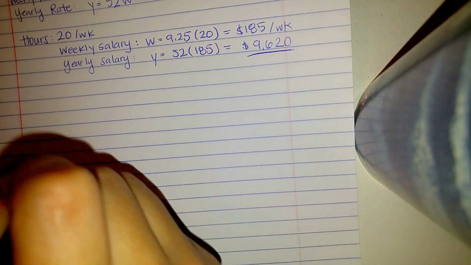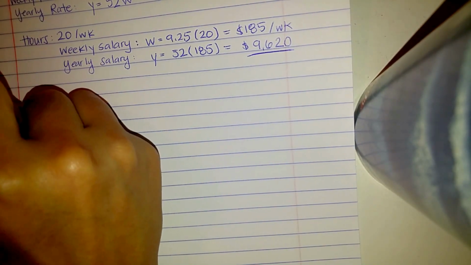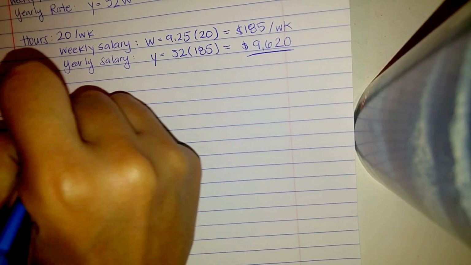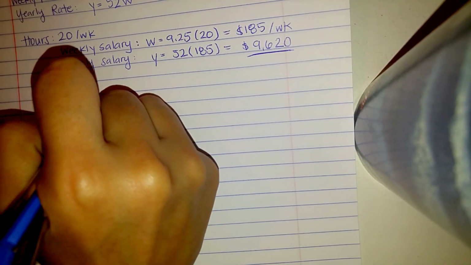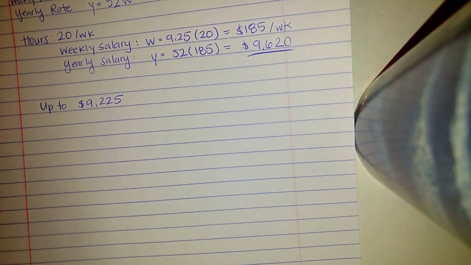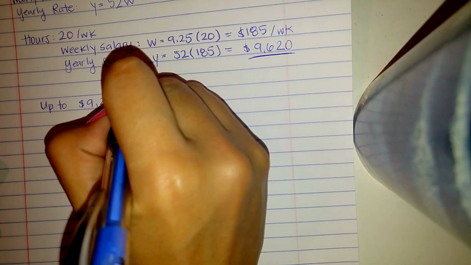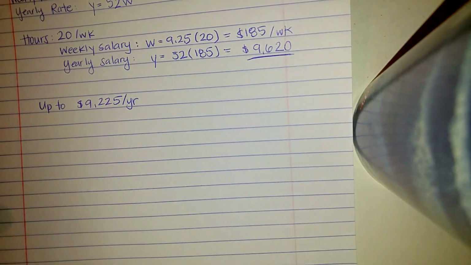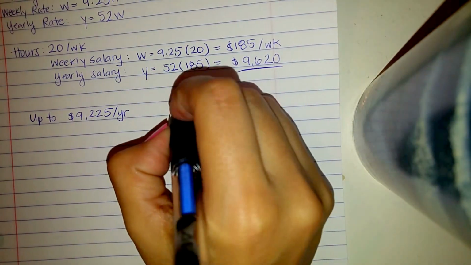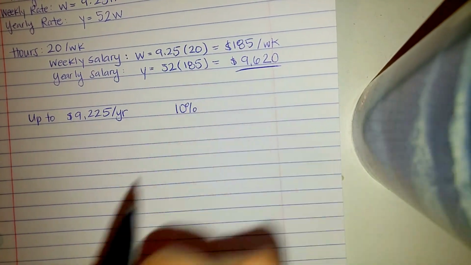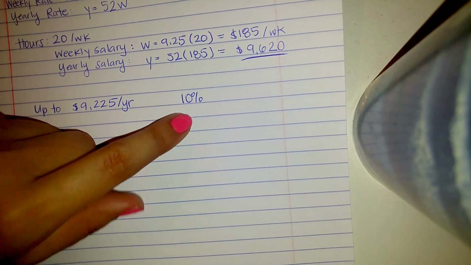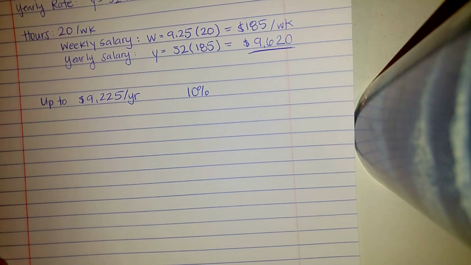So if you make up to $9,225 a year, then you are in the 10% tax bracket, meaning that you would pay 10% in taxes.